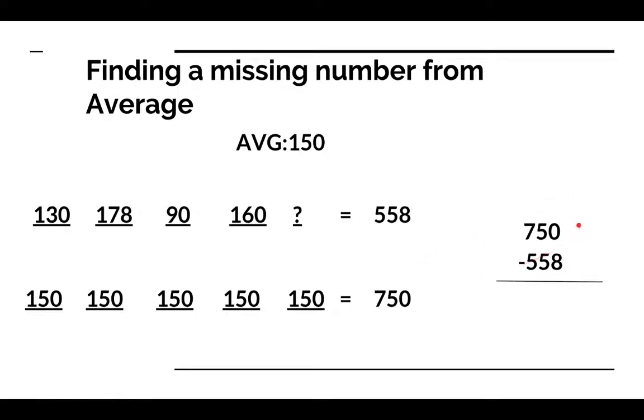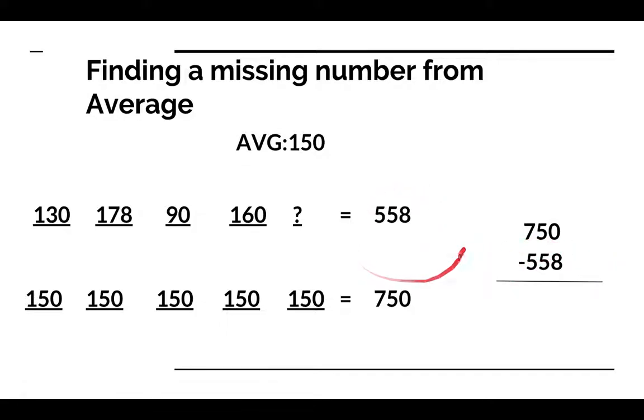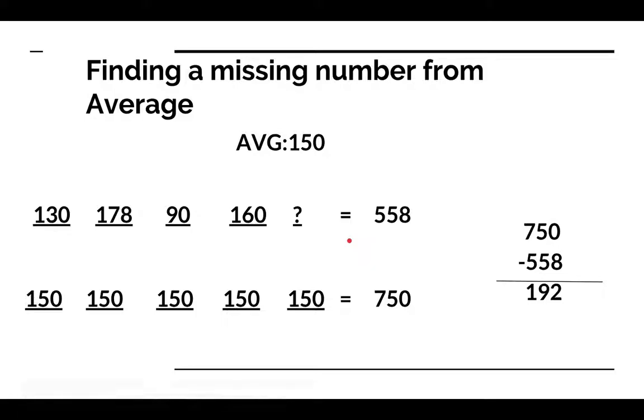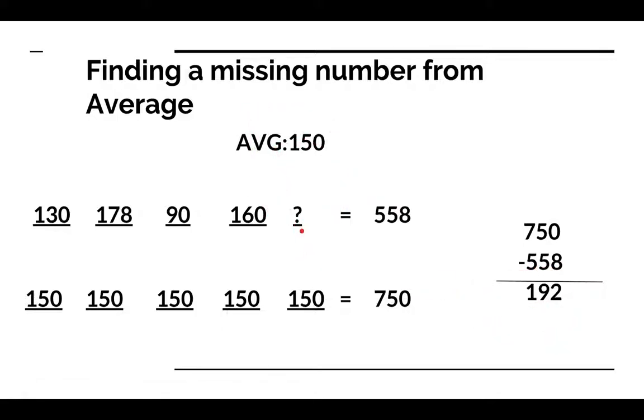So you take 750, which is the overall amount of points you need, and subtract the amount of points you have. That will give you 192. That means for the word problem we were using here, you would need to bowl 192. You'd have to have a score of 192 to get an average of 150.